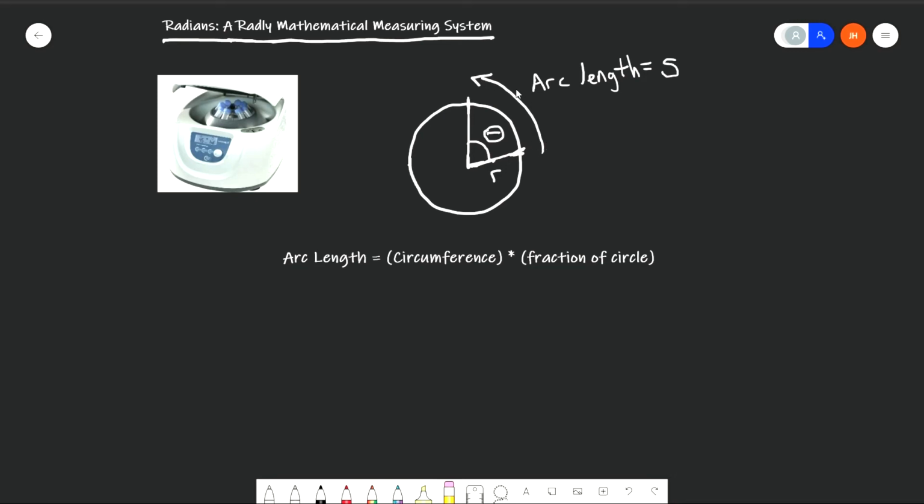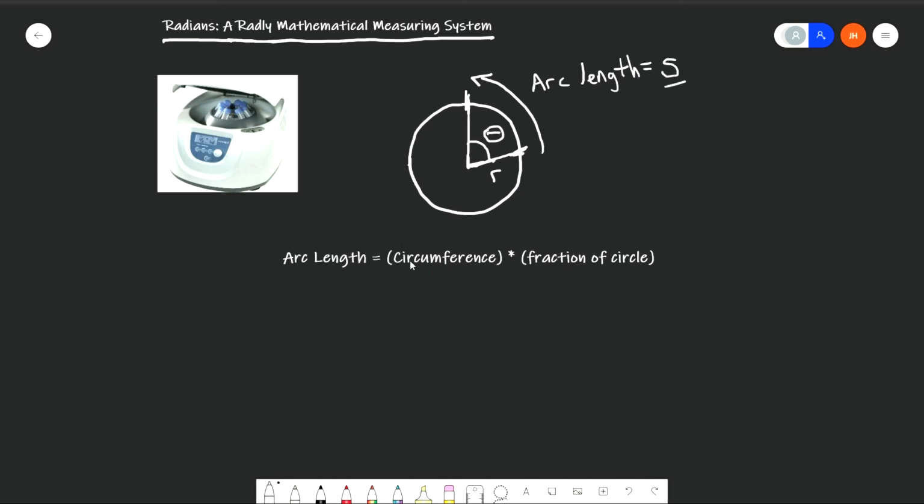But essentially, it might be useful for us to be able to calculate the length of an arc around a circle. For example, how far is it from this point to this point? When I have a circle of radius r, the angle is theta, and we'll call that arc length s. Now, it turns out that the formula for calculating arc length isn't too hard to think of. If you really think about it, arc length is just a fraction of the circle, right?